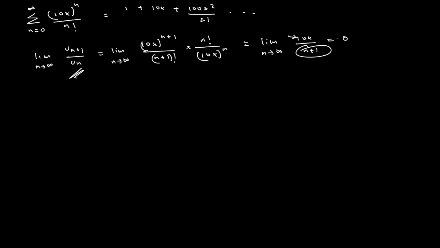And so because our limit tends towards 0, no matter what x value we have, and this is a power series, we simply converge for all x.